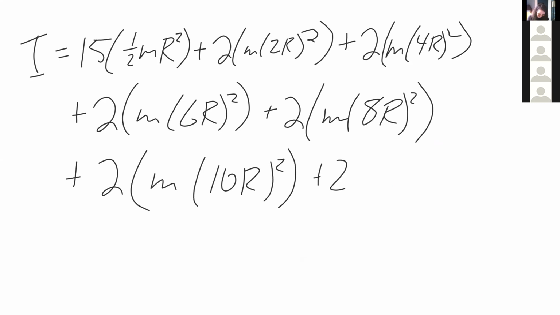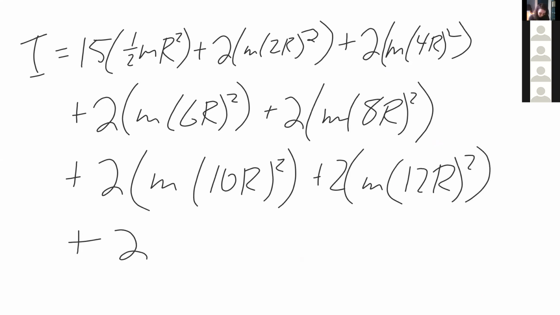Plus 2 times m times 12r quantity squared. Plus 2 times m, 2, 4, 6, 8, 10, 12 times, let's see, 14r squared. How many do I have now? 2, 4, 6, 8, 10, 12, 14, 15. Okay, cool. Yeah, so there you go.